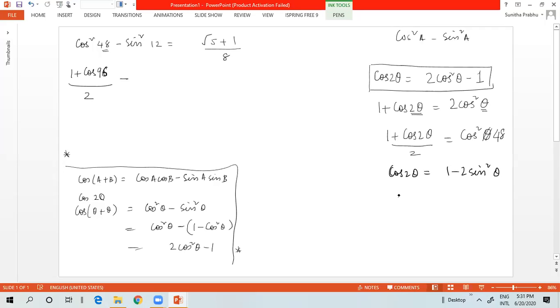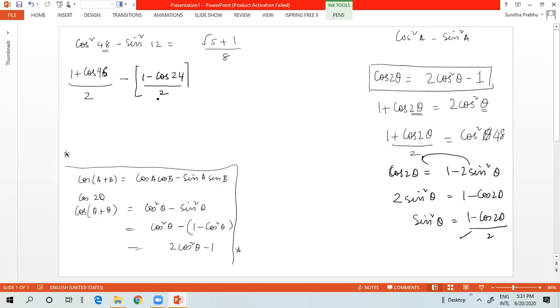That means 2 sine square theta is, getting it this side, 1 minus cos 2 theta, correct? Yes, sir. Or sine square theta is 1 minus cos 2 theta by 2. I agree with you. So write it out for me: 1 minus cos 24 by 2.